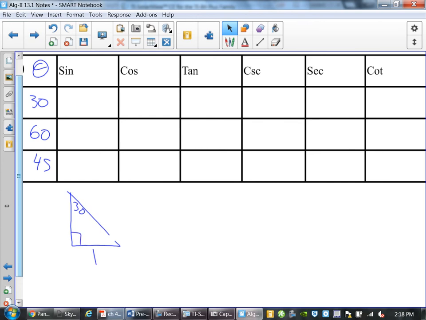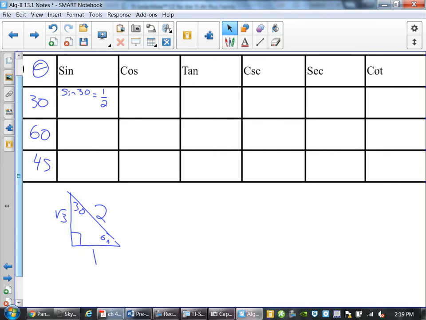The hypotenuse is the 2. And opposite the 60 would be the root 3. What would the sine be then? Opposite over hypotenuse. 1/2. The sine of 30 is 1/2. It's opposite over hypotenuse.